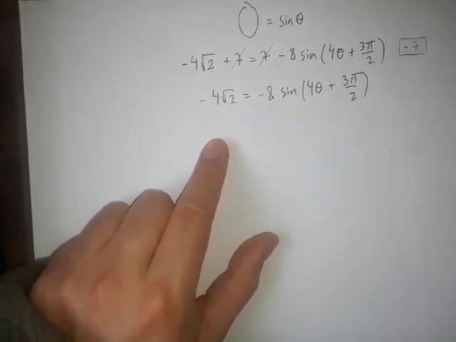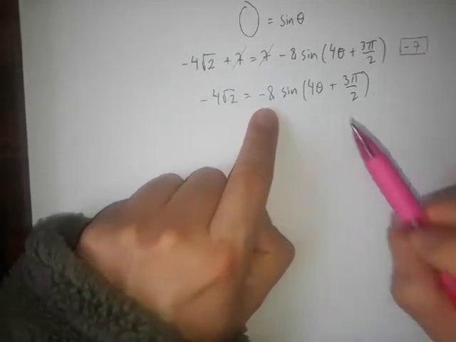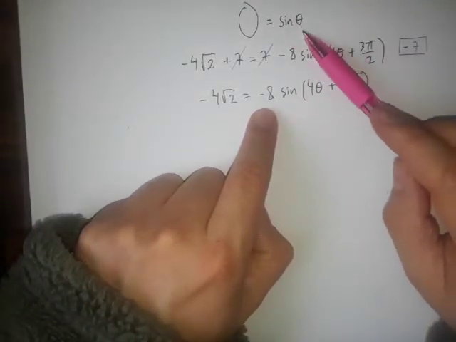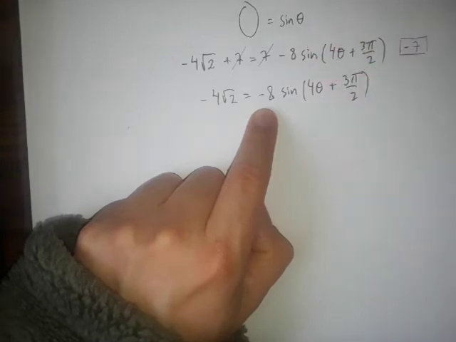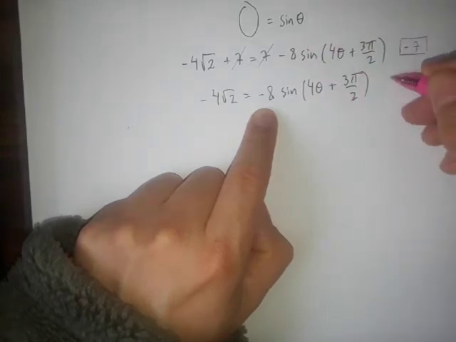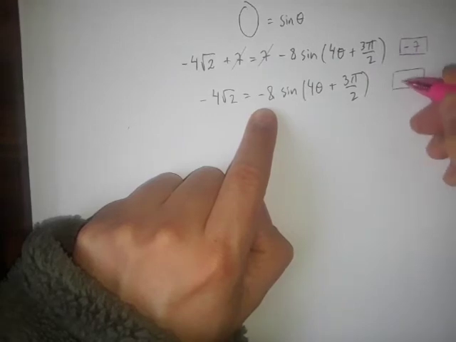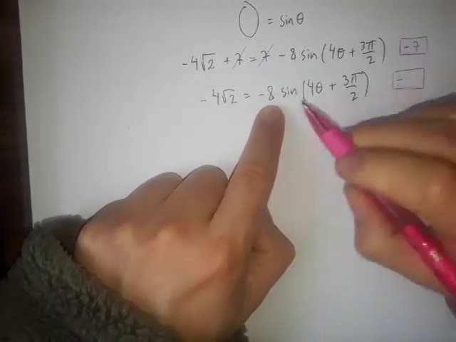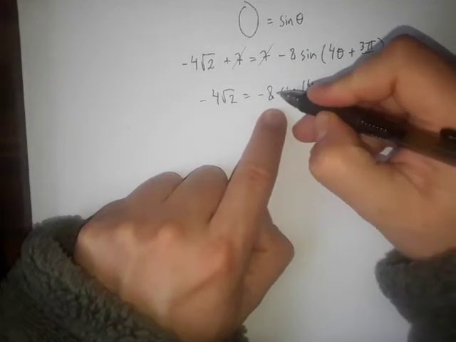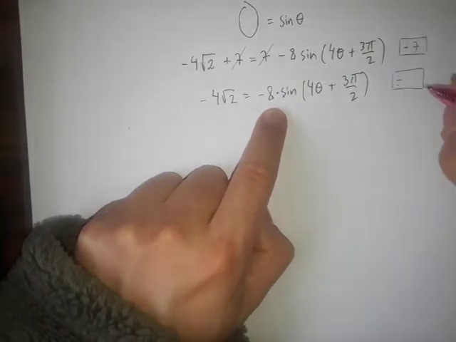right? Now this negative 8 is also annoying us. So the next thing we're going to do is divide over, because this negative 8 is multiplying, the opposite operation would be dividing. So we're going to divide over negative 8.